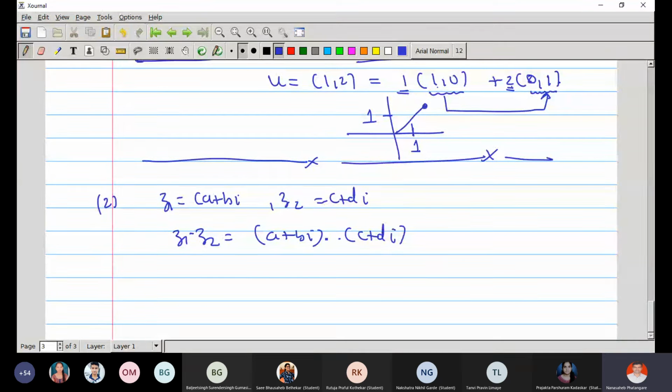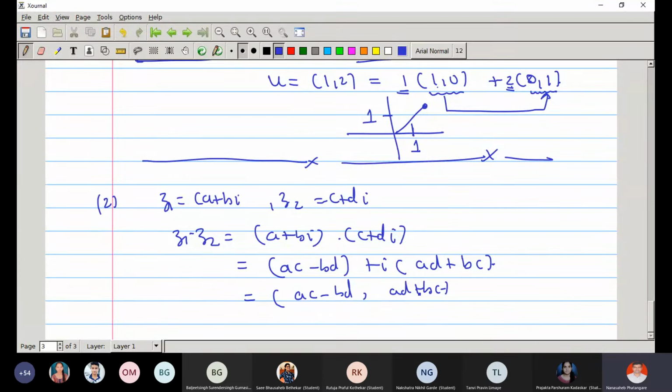Basically, the multiplication is defined in a specific way so that it is (AC minus BD) plus I times (AD plus BC). Right, in that way this is defined, or ultimately it is (AC minus BD comma AD plus BC). In that way this multiplication of (A, B) and (C, D) is defined.